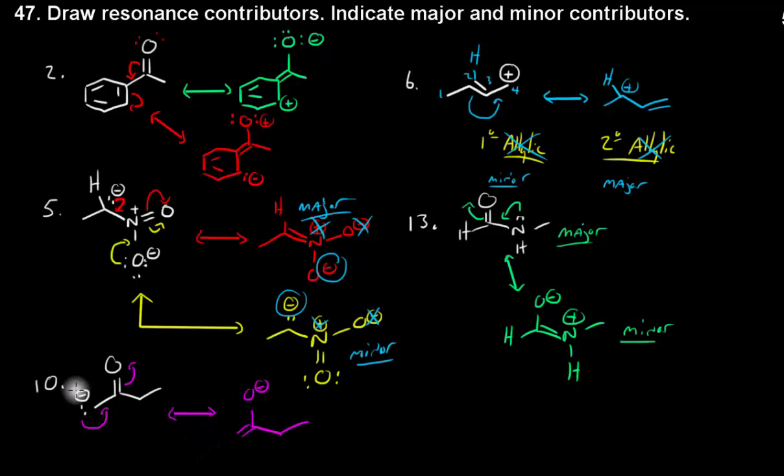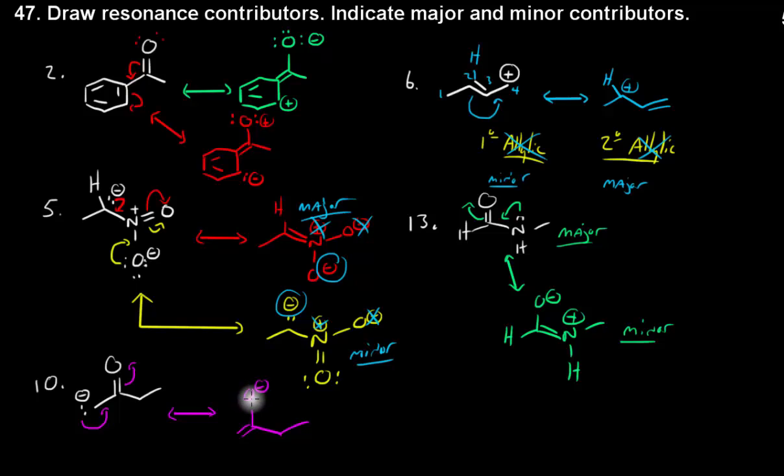Now we have to choose whether we would rather put the negative charge on the carbon or on the oxygen, because there's no way to keep everything neutral. We can't have our cake and eat it too. We have to choose the lesser of two evils. In this case, the oxygen is more electronegative, better able to stabilize that negative charge.